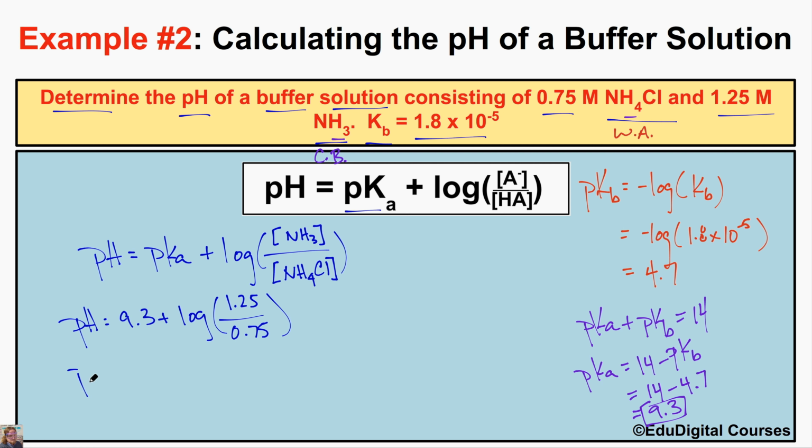And when we put this in our calculator, the pH of this solution is going to end up being 9.5, if we're using the correct number of sig figs.